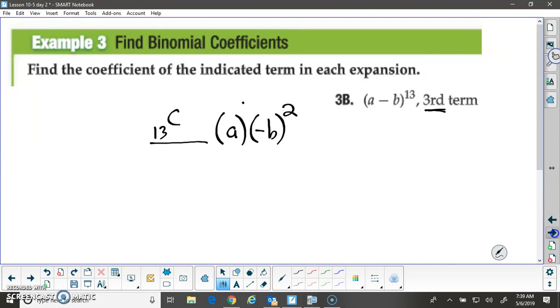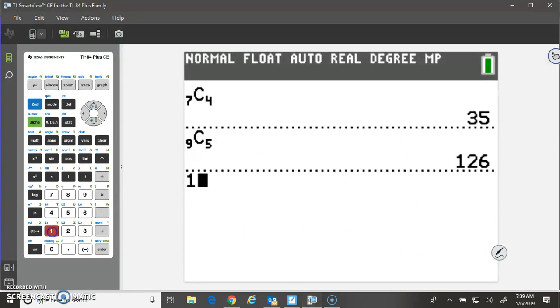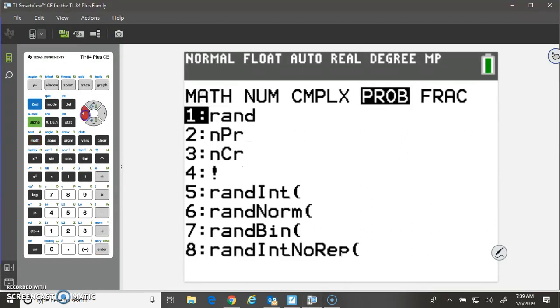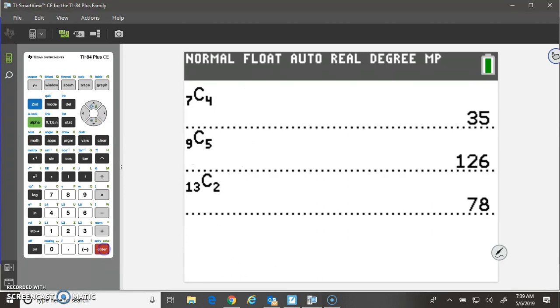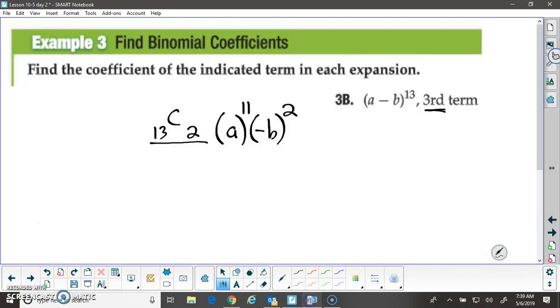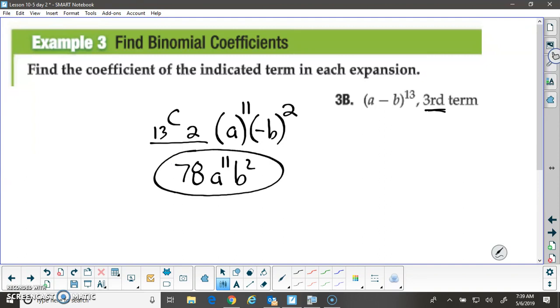And then my front exponent would have to be 11, which means this number would have to be a 2. And so finding a 13 NCR 2 gives us a 78. We'd have an a to the 11th and a b to the second, and that would be my solution.